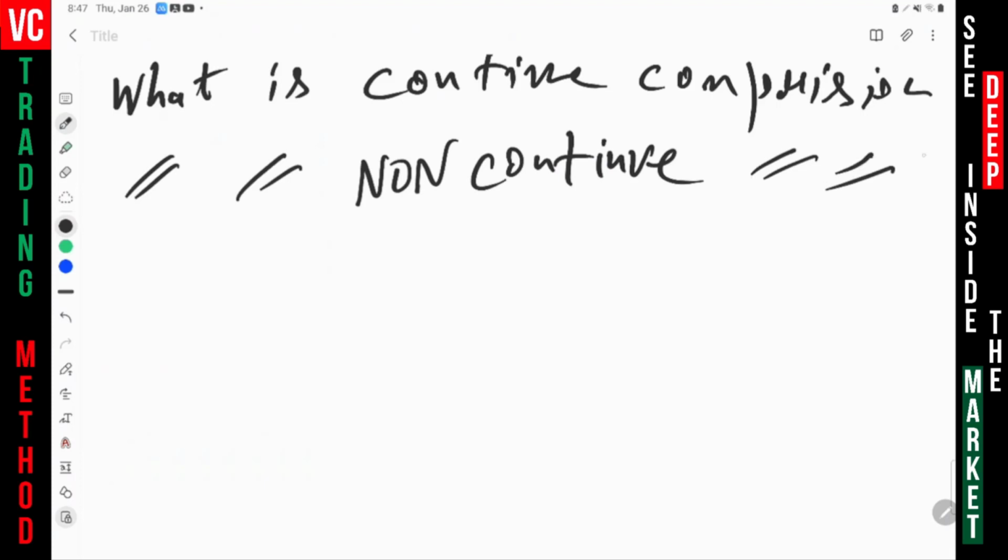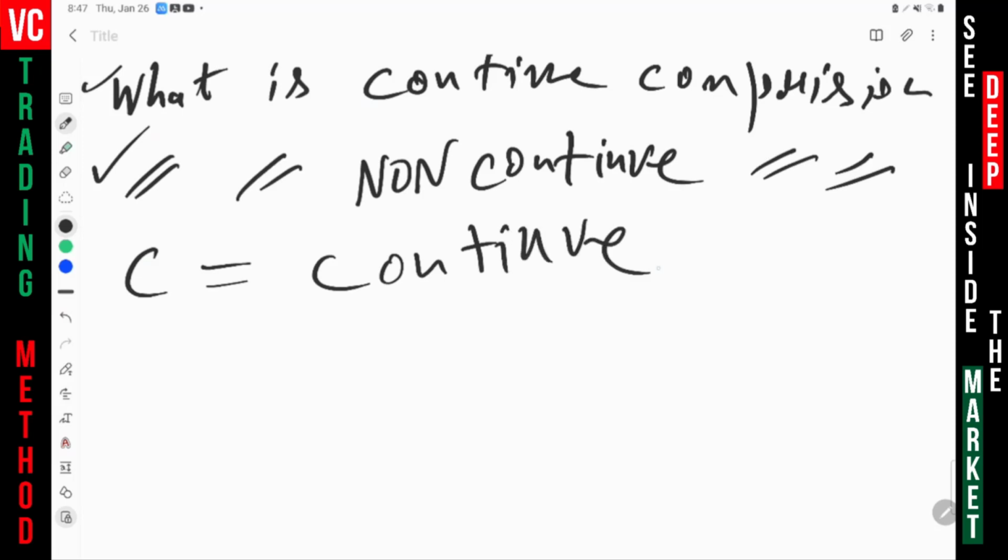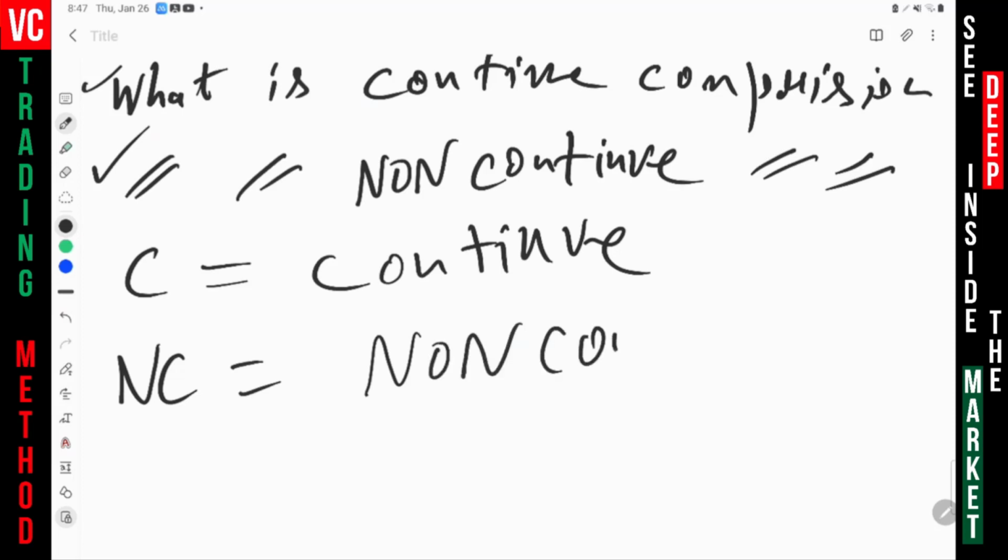There are two types of comparison actually. The first one is continue and the second is non-continue. The short form of continue comparison is C, equal to continue, and NC is equal to non-continue. Okay, it's very clear.